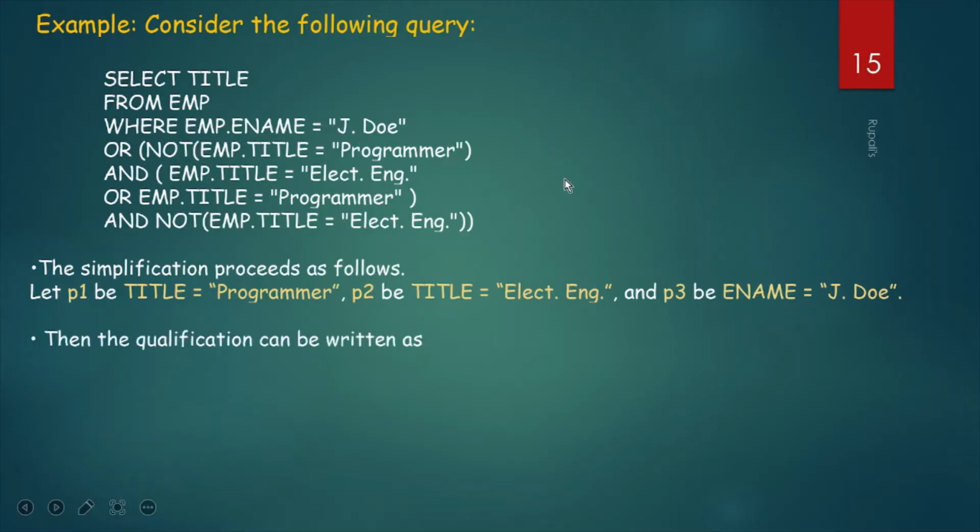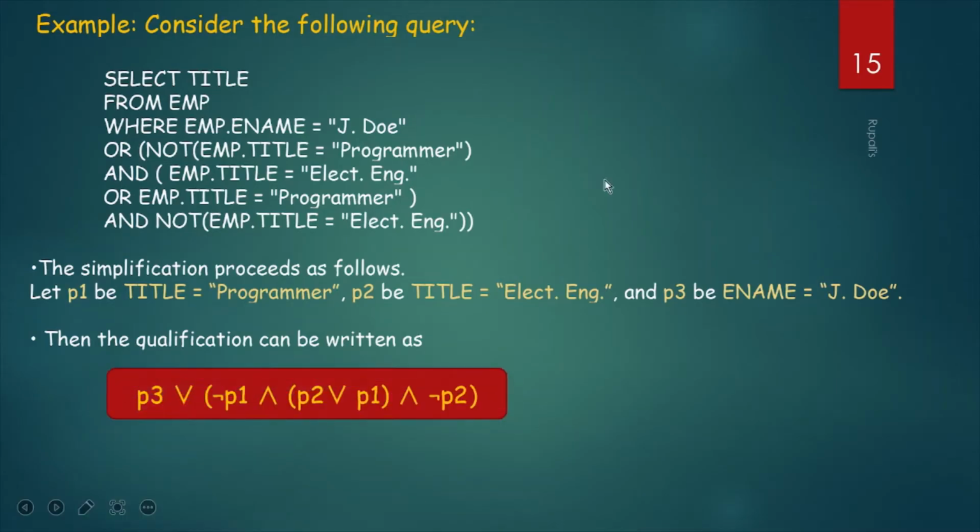Now, how can we write this qualification? First, employee.ename equals JEDO, that is P3, then or, opening bracket, not, employee.title equals programmer, that is P1, and then bracket start.